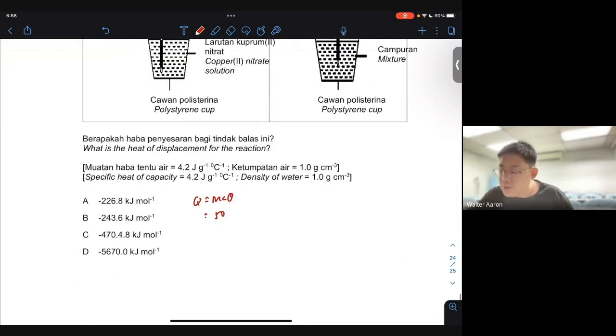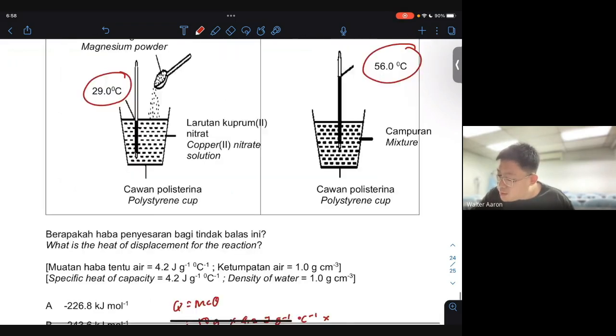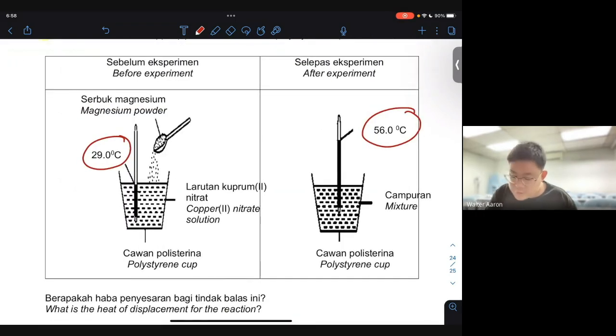We do not take into account the magnesium. 50 grams multiplied by 4.2 joules per gram per degree Celsius, multiplied by the increase in temperature from 29 to 56.